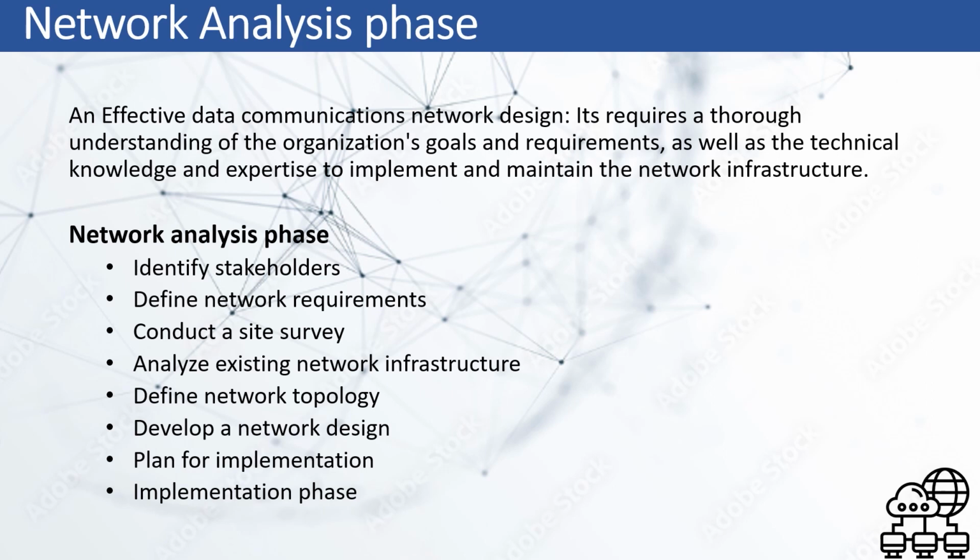And then fifth, define network topology. Once the requirements have been identified, the next step is to define the network topology. This involves determining the physical layout of the network and the types of devices that will be used, such as the switches, routers, and firewalls.